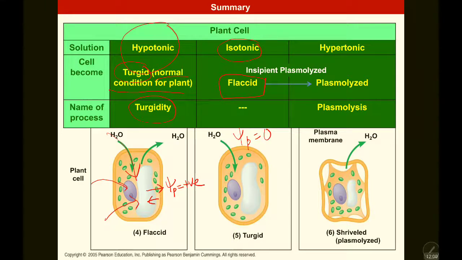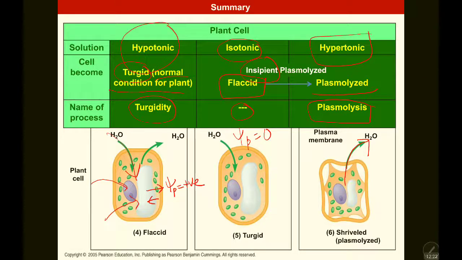If the condition becomes worse, they start to plasmolyze. Incipient plasmolysis can occur. In hypertonic solution, the water moves out and they start to plasmolyze. The name of the process is plasmolysis.